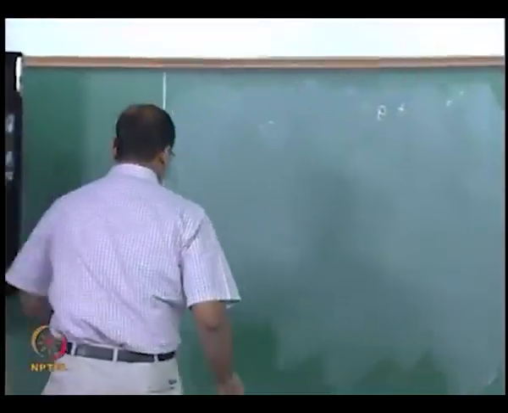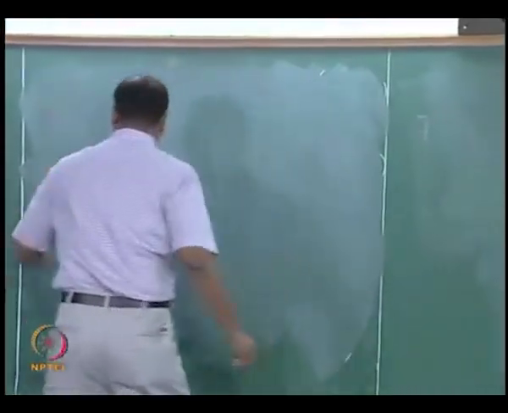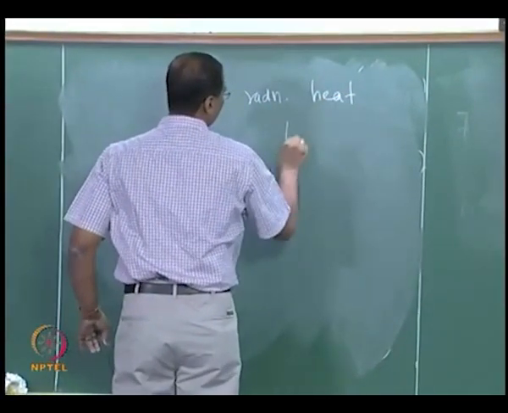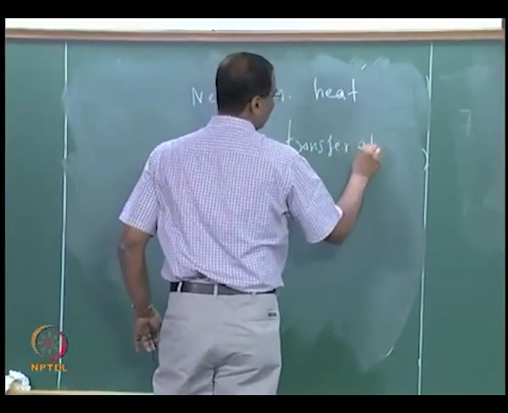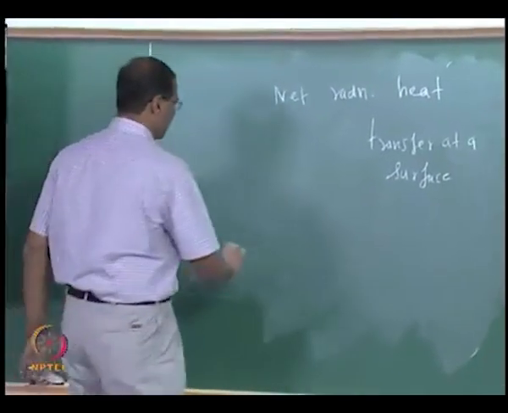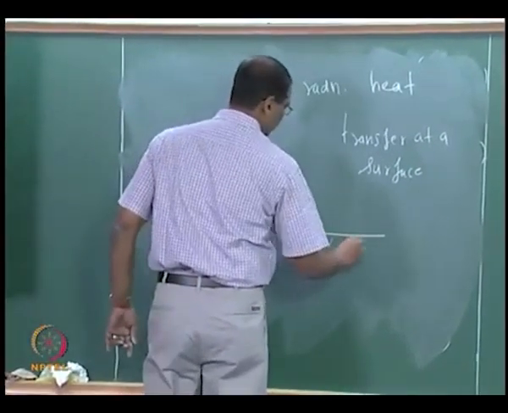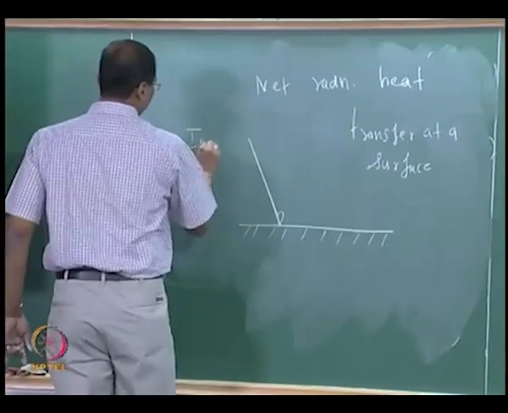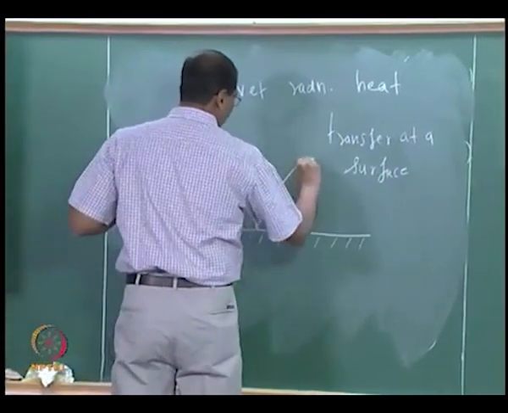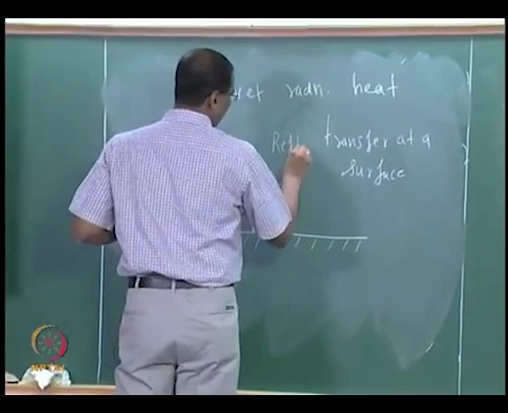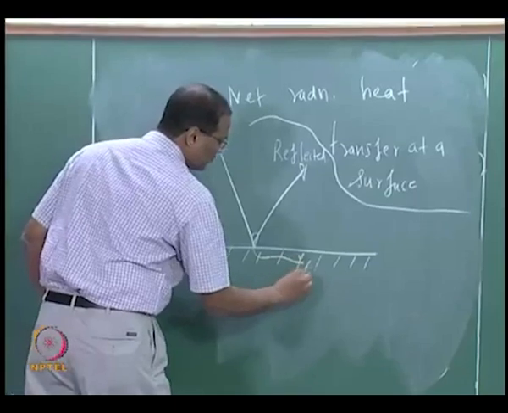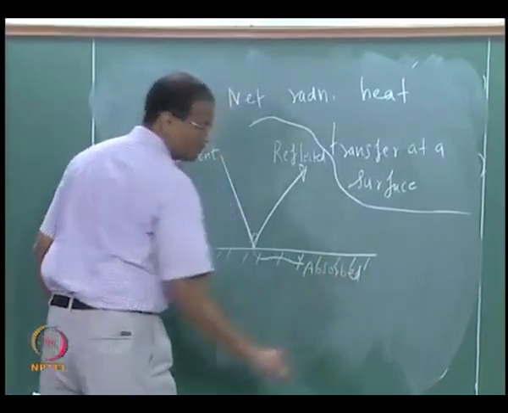Now, what is the net radiation heat transfer at a surface? The net radiation heat transfer at a surface is incident, reflected, absorbed.